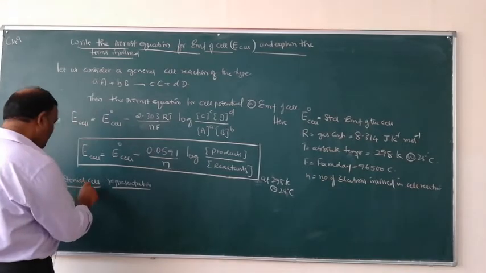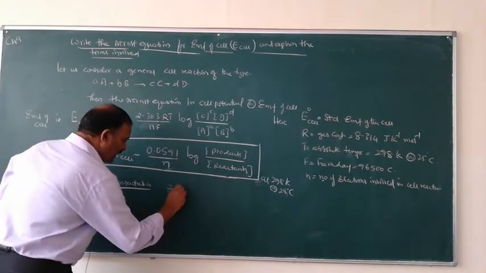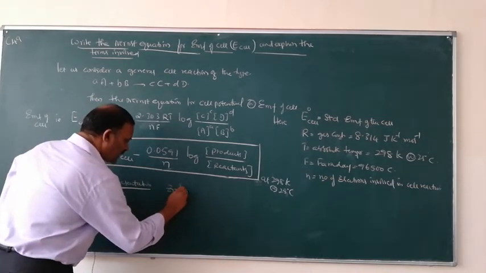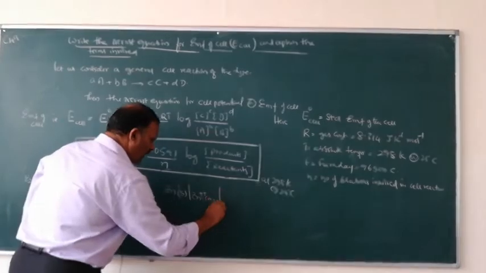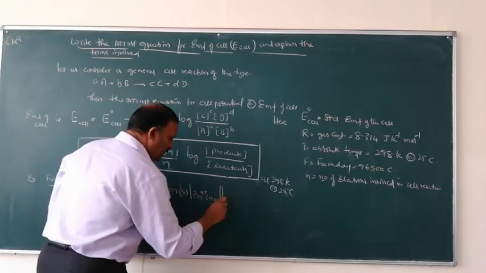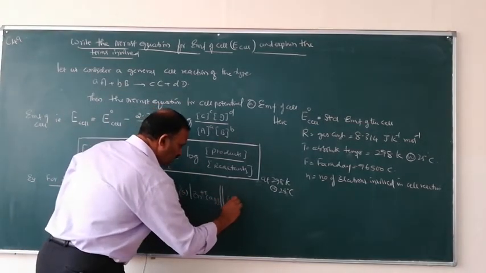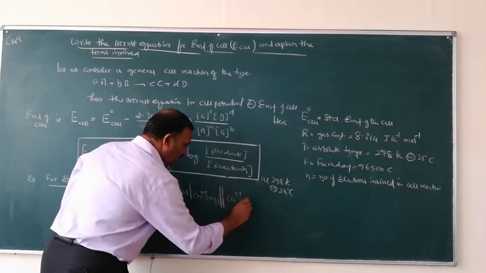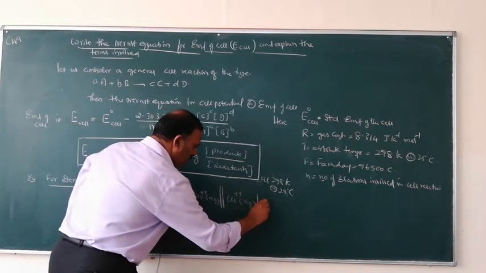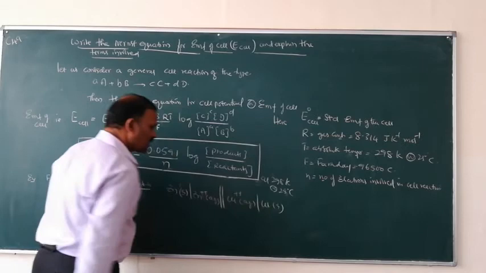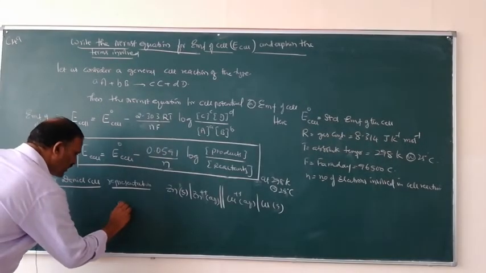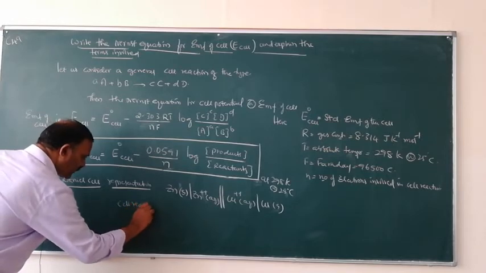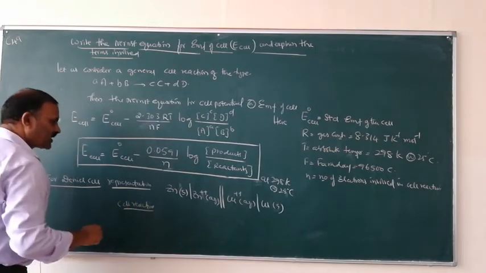How to represent Daniell cell? Zn(s) | Zn2+(aq) || Cu2+(aq) | Cu(s). This is salt bridge. So this is the representation of Daniell cell. What is the cell reaction?